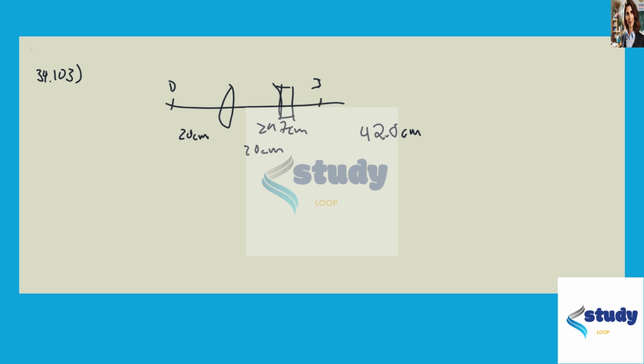So we know where the converging lens image is, which is what we're going to use as our virtual object for the diverging lens. So the object distance here is now going to be 29.7 centimeters minus 20. But it's also on the right side of the lens, so we know it must be negative. So this comes out to be negative 9.7 centimeters.